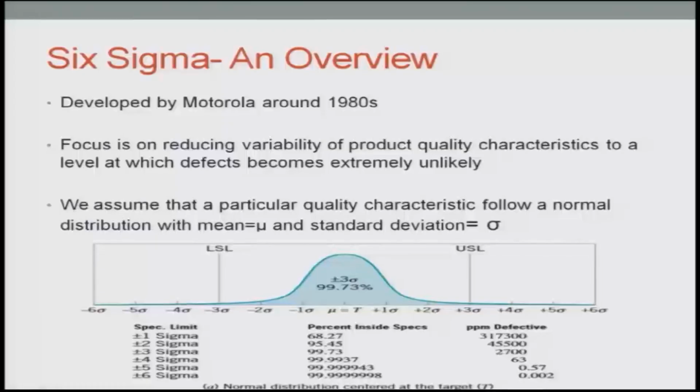So, continuing the discussion, we assume that a particular quality characteristic, whatever it is as I mentioned, follows a normal distribution with a certain mean mu and a standard deviation sigma. If there is a mean mu and standard deviation sigma, obviously we can convert that case into the standard normal deviate, where the mean now becomes 0 and the standard deviation becomes 1.